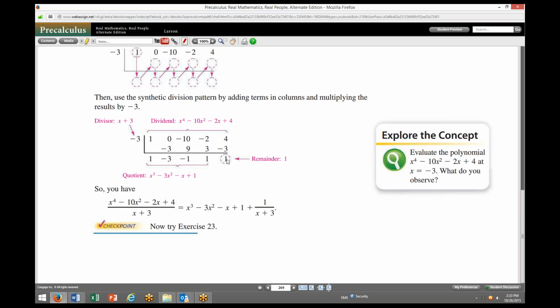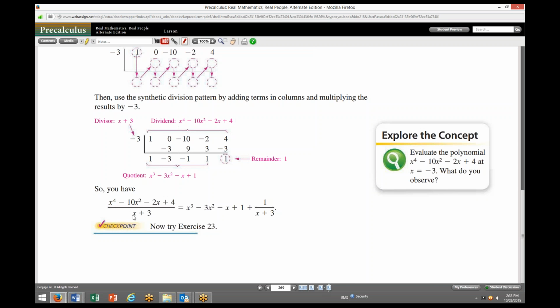Because starting to the left of the remainder, the first position to the left of the remainder is the constant in the answer. The next one to the left is the coefficient of x. The next one's the coefficient of x squared. And finally, this is the coefficient of x to the third.